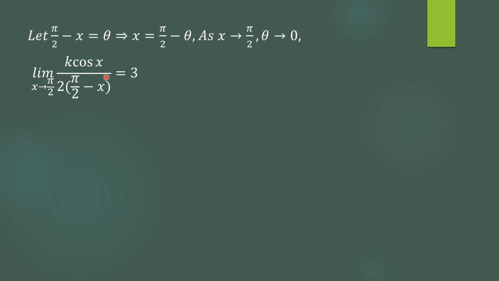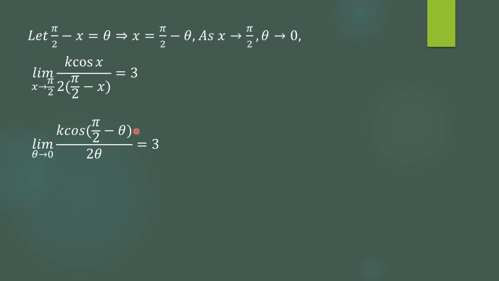Here we will replace pi by 2 minus x as theta, and x will be replaced by pi by 2 minus theta. We get limit theta tending to 0 of k cos of pi by 2 minus theta upon 2 theta equal to 3. Still we cannot replace theta as 0 because this is again 0 by 0.